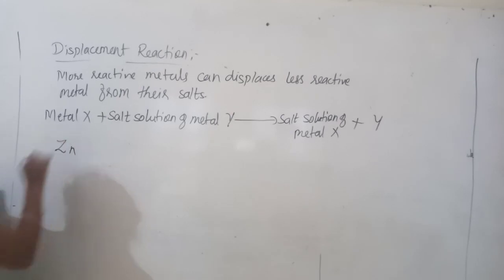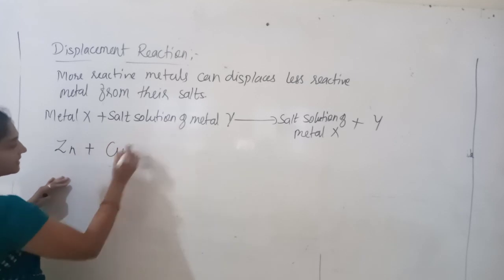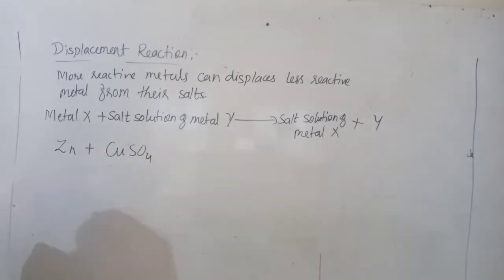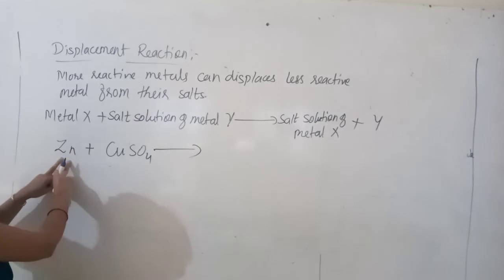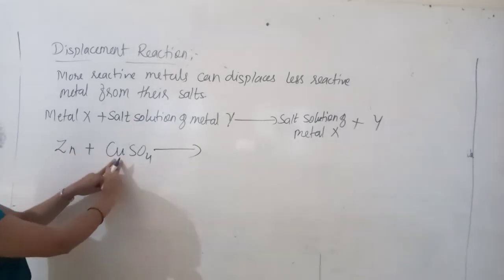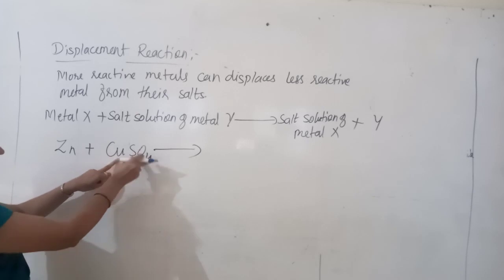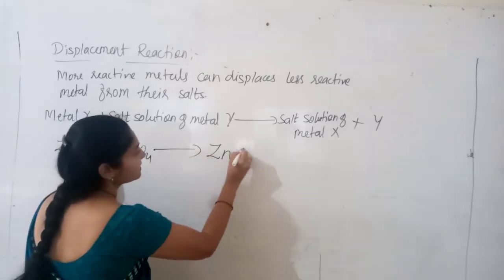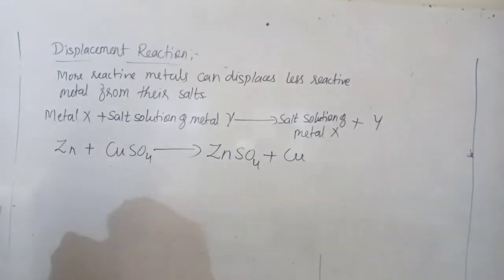Metal Zn plus the salt solution, copper sulfate, which is a salt solution of the metal copper. Zn is more reactive and copper is less reactive, so Zn replaces the copper in the salt solution. It forms ZnSO4 plus the metal copper.